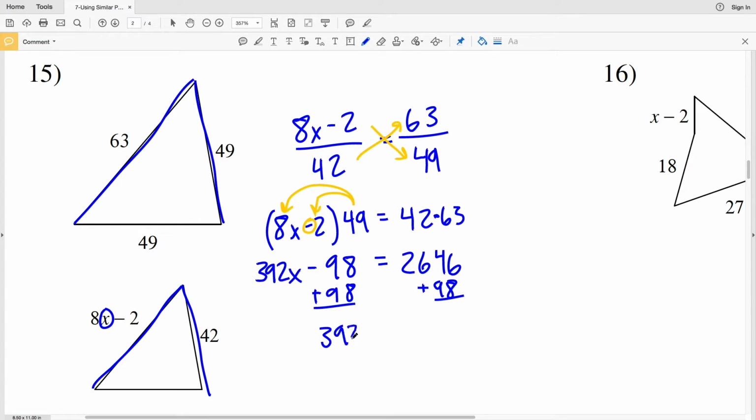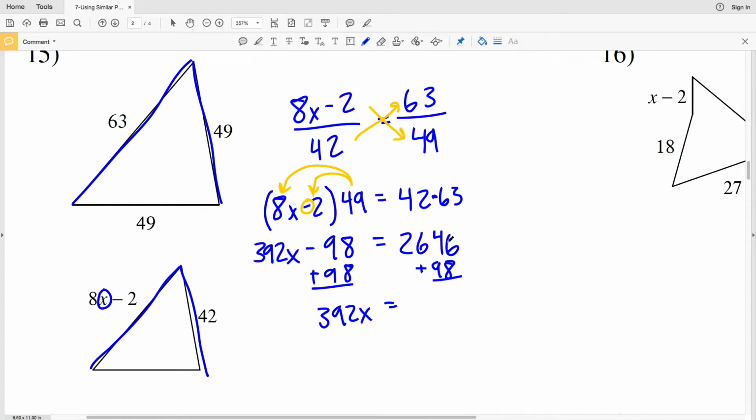So I'll have 392x equal 2,646 plus 98 equals 2,744. And when I divide both sides by 392, in order to get that x all by itself, I'll get that x is equal to 7. So 7 is my solution in number 15.